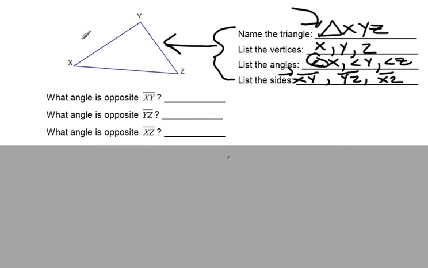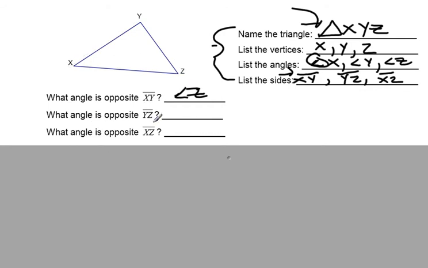Place a little ping pong ball on XY and throw that ping pong ball. What angle would it fall into? Well, it falls into angle Z. So angle Z is opposite this side XY.